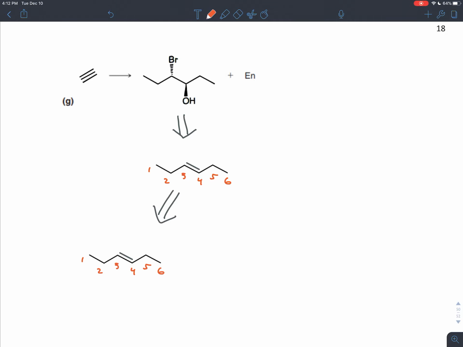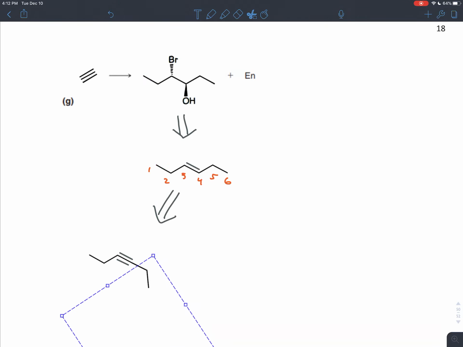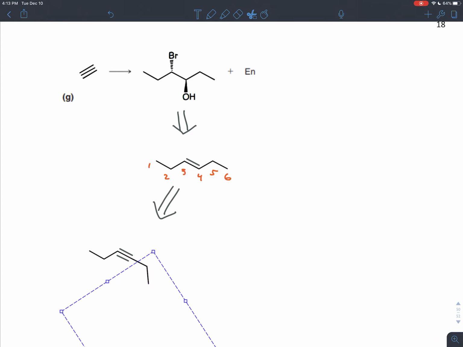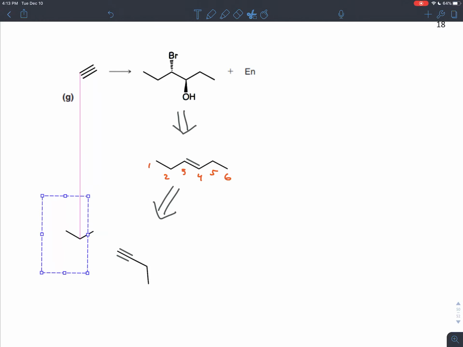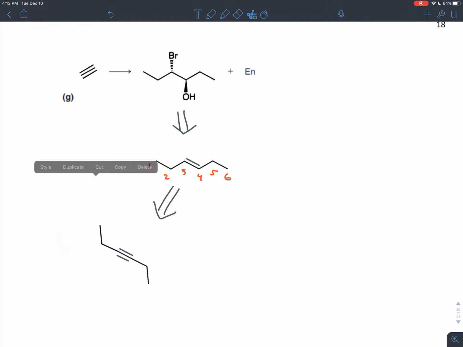So if we add another pi bond there between carbons 3 and 4, and then I just want to make these linear, so there's our triple bond.